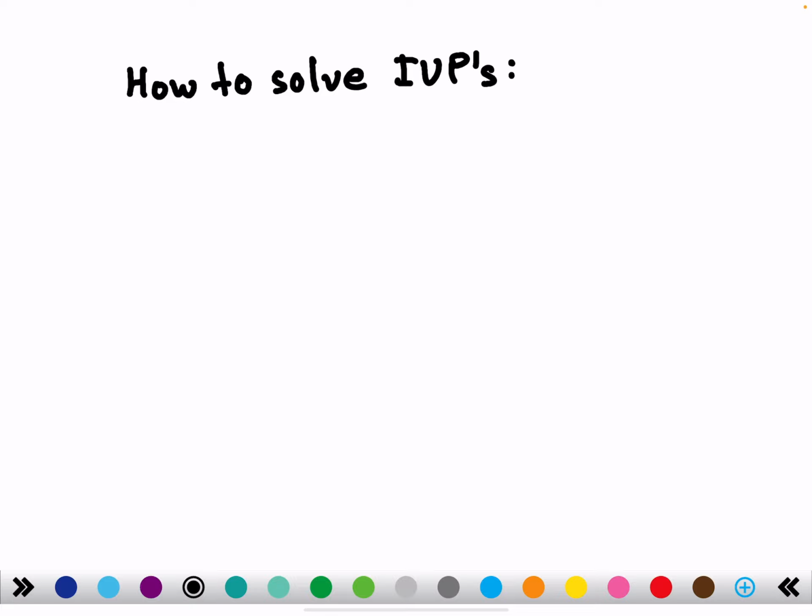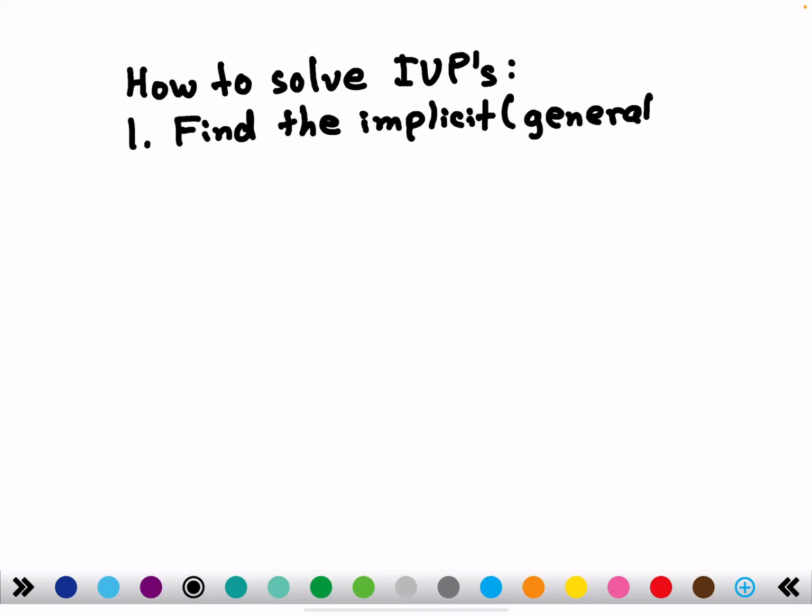How to solve IVPs? Number one, you need to find the implicit, also known as the general, solution of the equation.